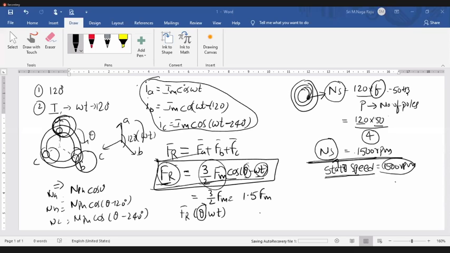Write down the formula: slip S equals (Ns minus N) by Ns, into 100.